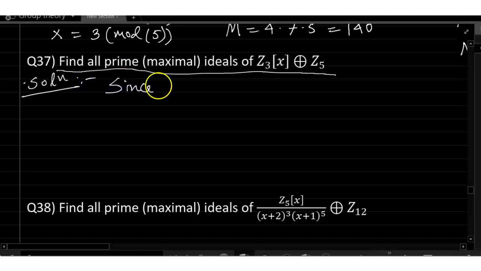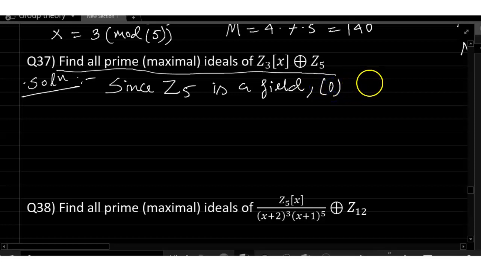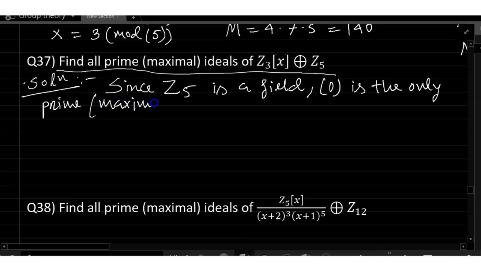Since Z5 is a field, zero is the only prime and maximal ideal of Z5.